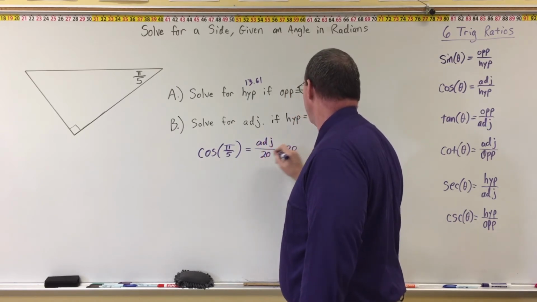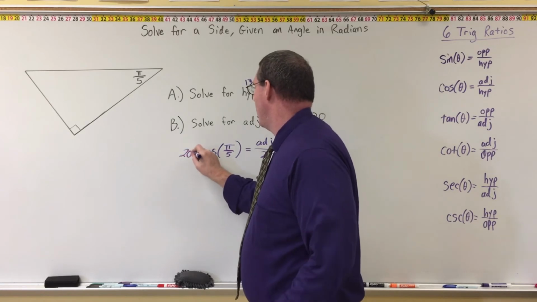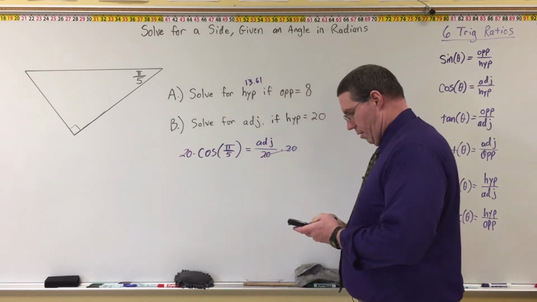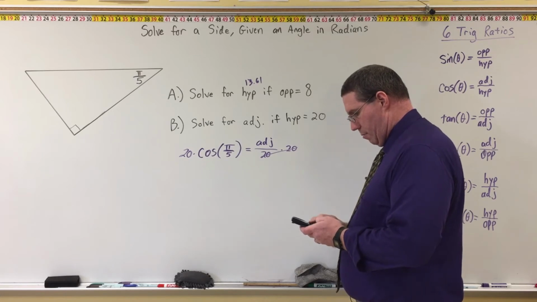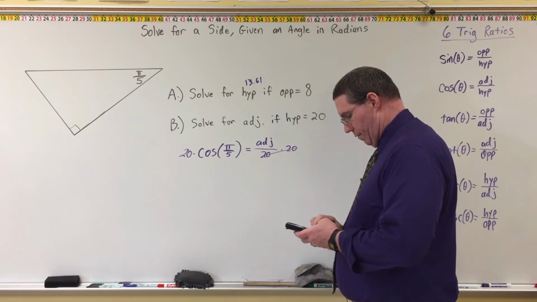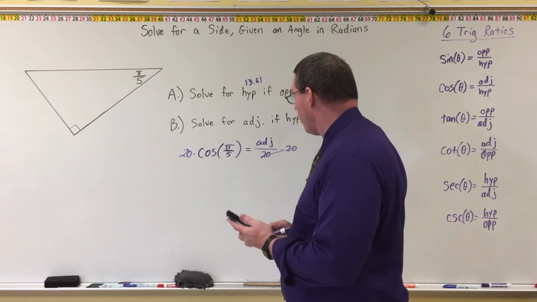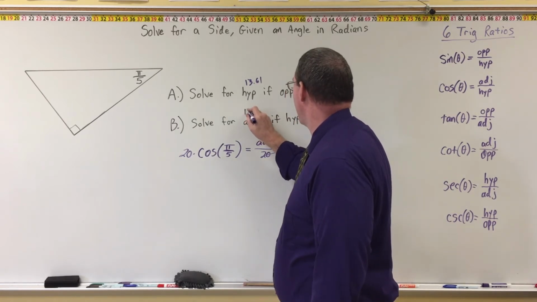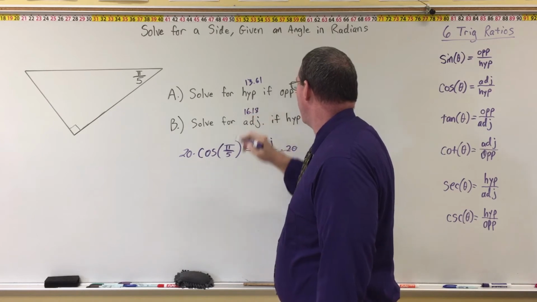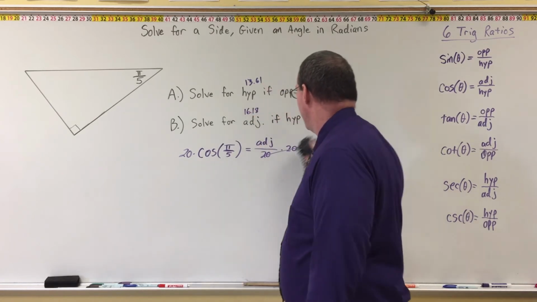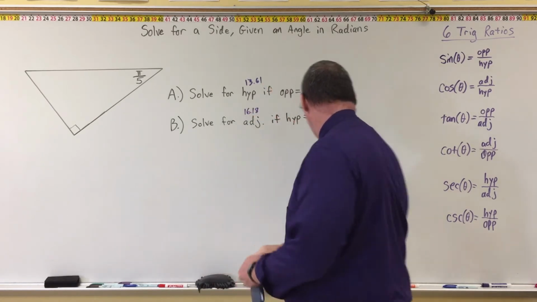This is an easy one. We just multiply both sides by 20 and key it in the calculator. So 20 times cosine of pi, whoops, hit the wrong button, pi divided by 5, and that gives me 16.18. So the adjacent side is going to be 16.18.